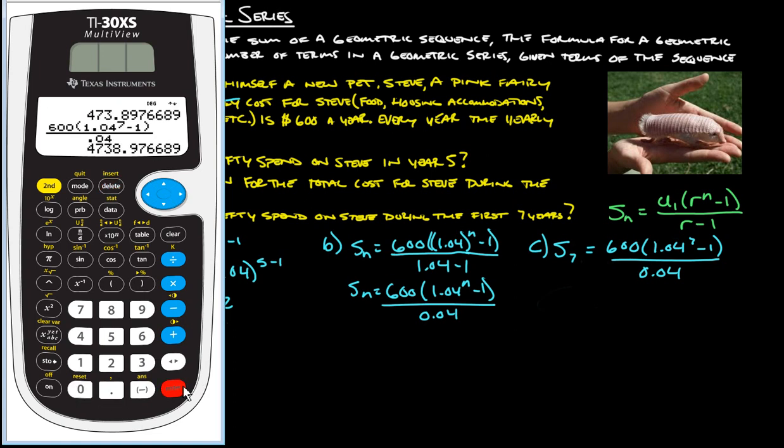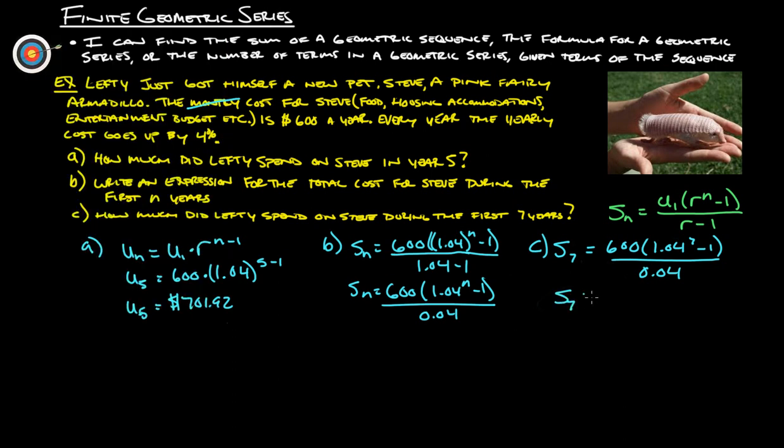There we go. Now we push enter. Now we're in business. So the sum of the first 7 years is going to be 4,738.98. Okay. So that's what it's going to cost for the sum of the first 7 years.